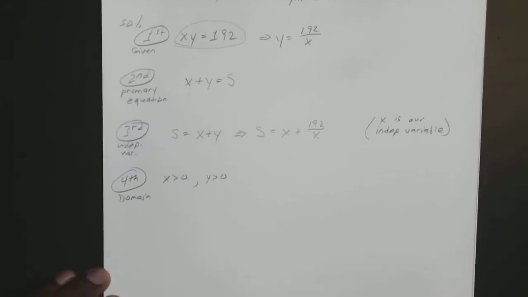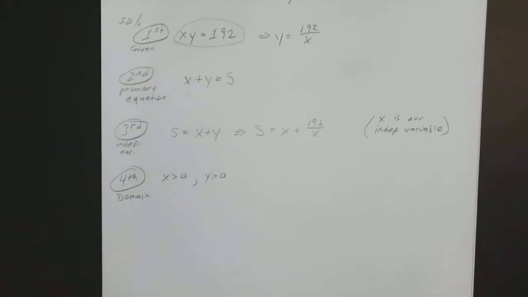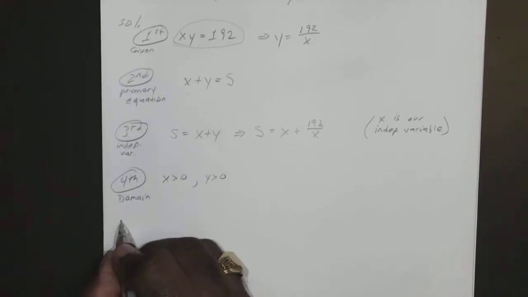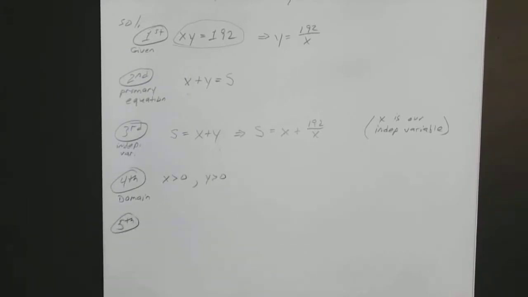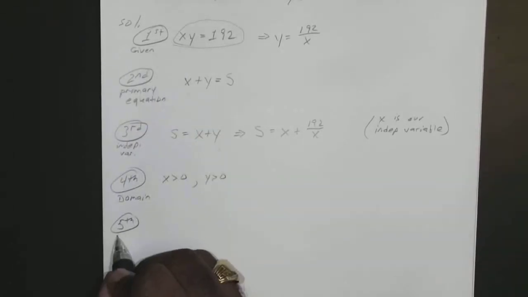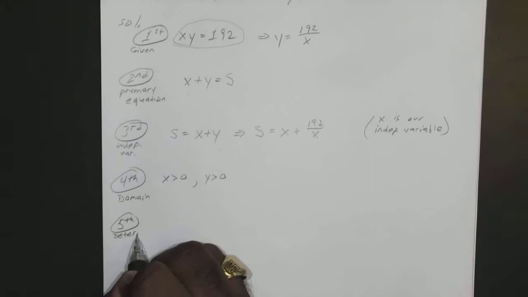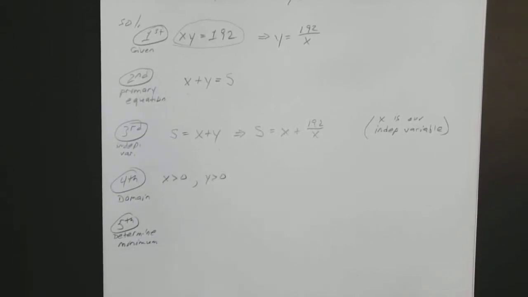Okay, now your fifth step, you want to determine your minimize and maximize value. Not just the minimize on this one. So we just really have to find our first derivative.